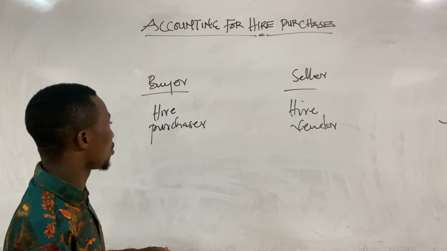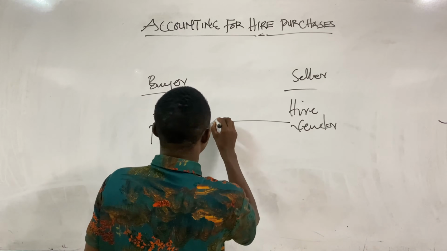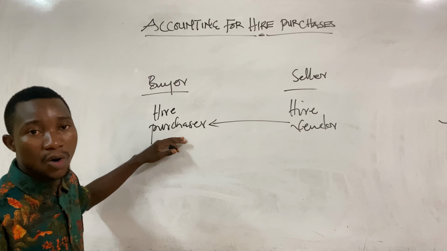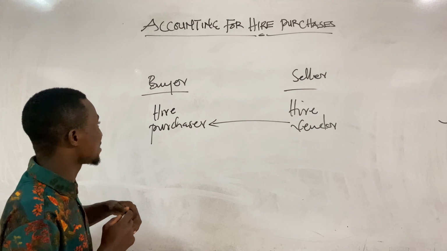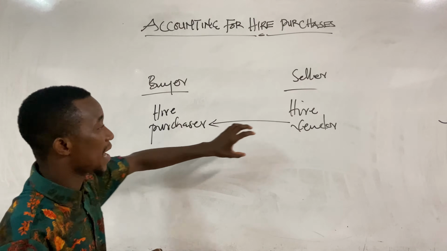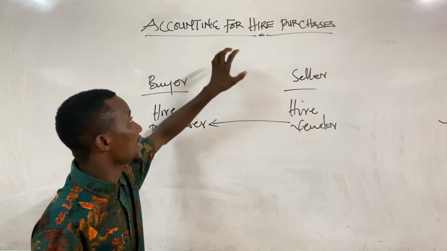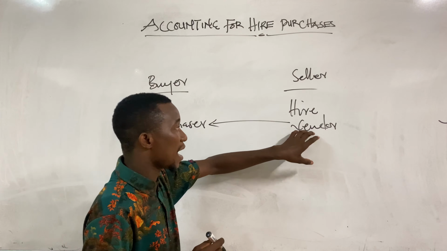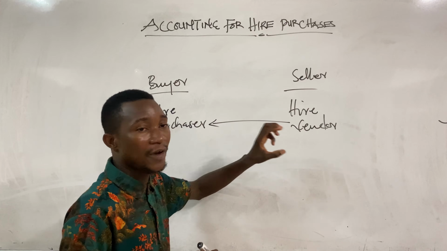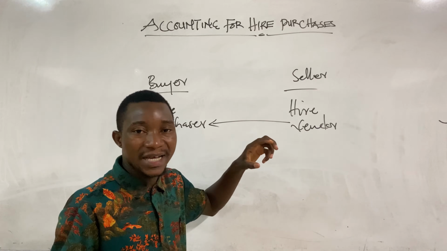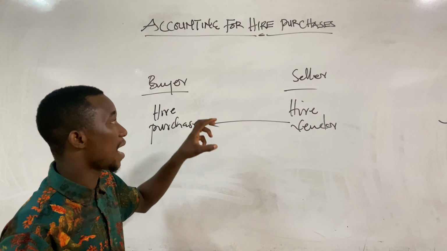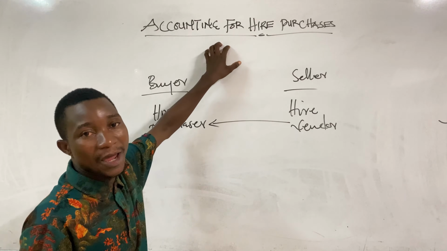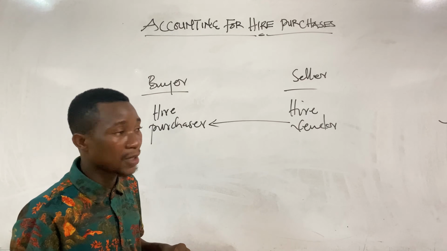The hire purchaser is the very person or entity that buys the item from the hire vendor under the hire purchases contract, and the hire vendor is the entity or person who sells the item or asset to the hire purchaser under the hire purchases system.